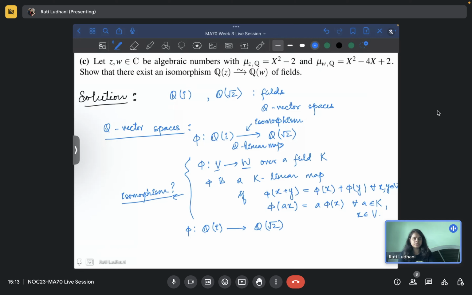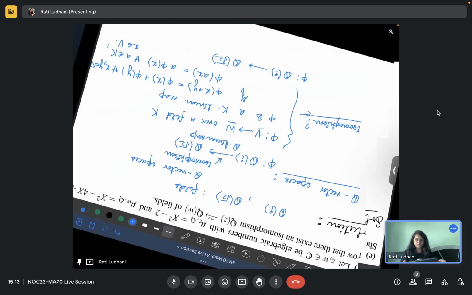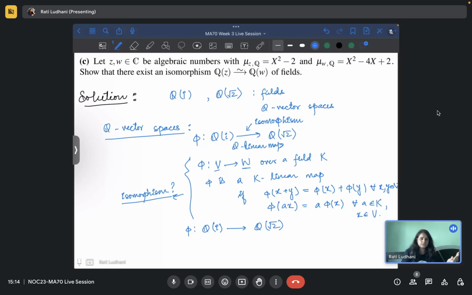What exactly do we talk about in vector spaces? Dimension. Exactly, dimension. The size of a vector space is defined by the dimension over K. If the dimensions are the same, the sizes are the same, and you can have invertible matrices. All of this is related to the dimensions being equal.